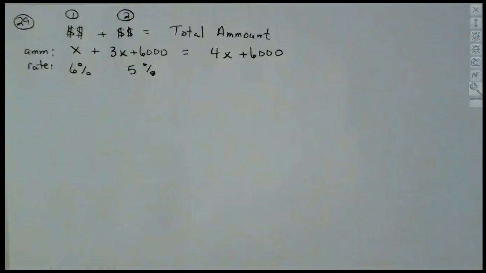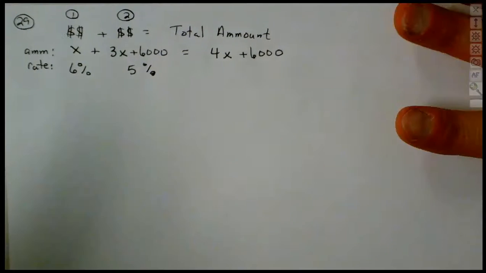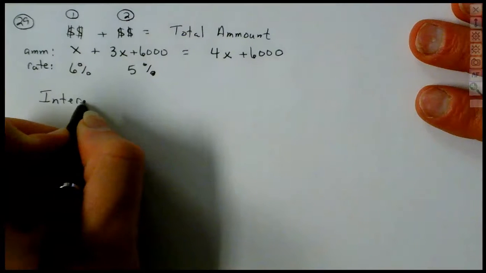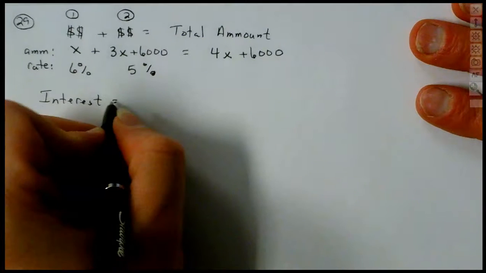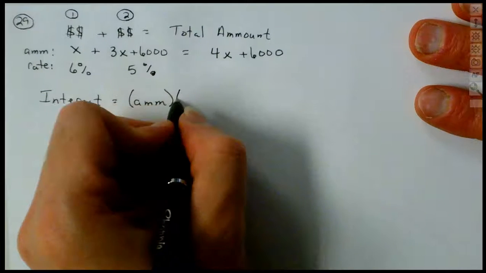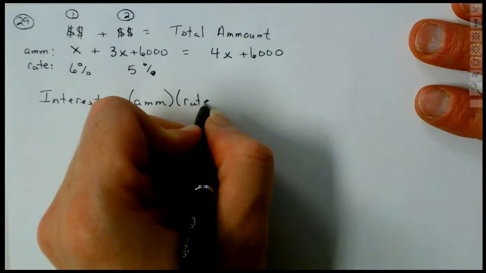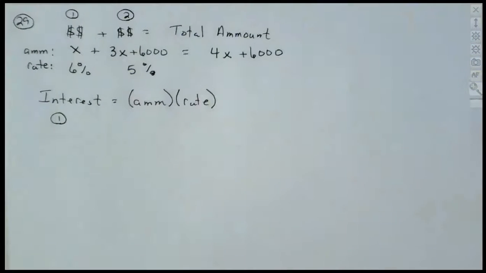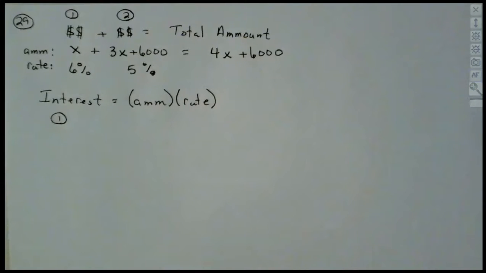Now we work with our interest, right? In mixtures, you would use a pure. In investments, we use interest. And your interest is the amount times, again, the percentage rate. So our first one.